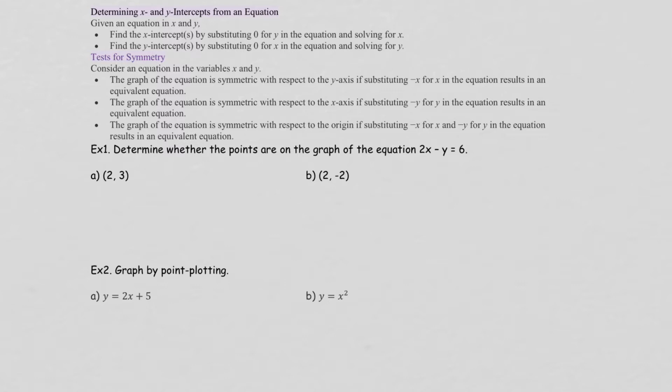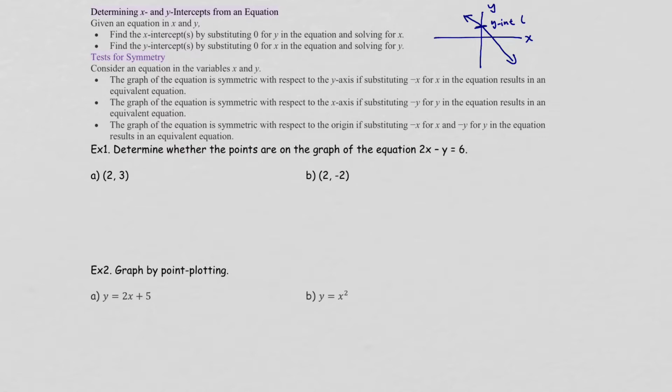So if I wanted to show you in a graph, this is the x-axis and this is the y-axis. Let's say you have a linear equation passing through that graph, and this is going to be the graph touching the x-axis. We call this the y-intercept.